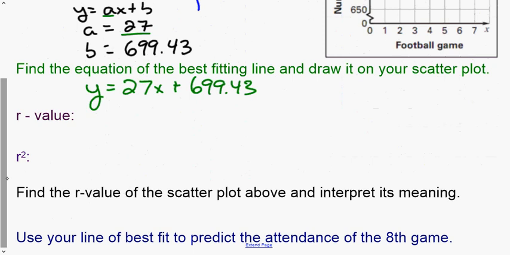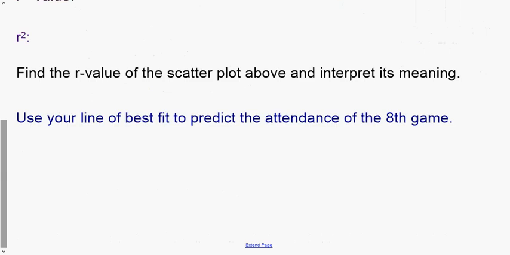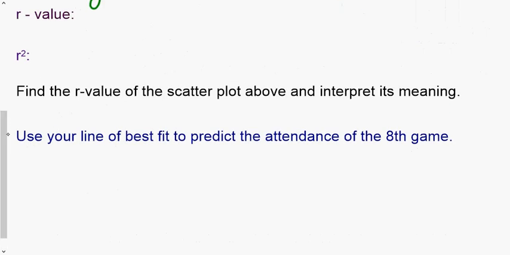You will notice on your calculator screen that there is also something that says r and r squared. This is also part of doing scatter plots as we have these values. So let's start with the r value. R is what's called the correlation coefficient.